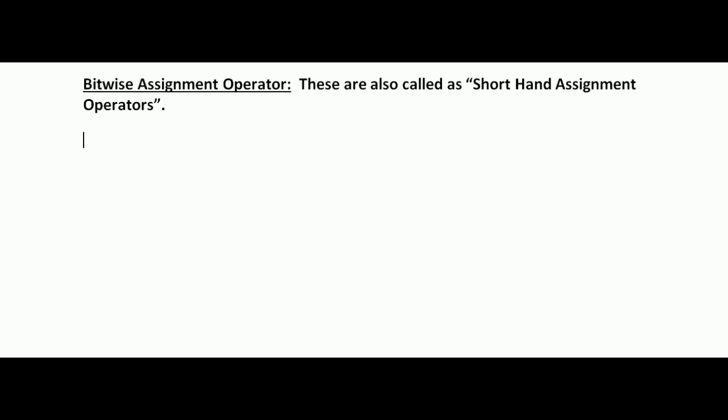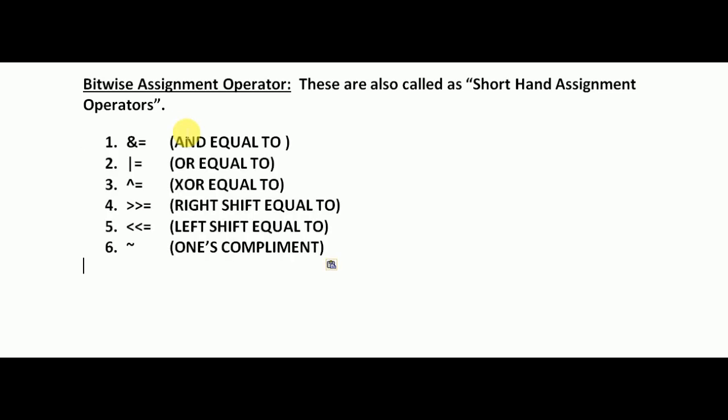There are certain categories of bitwise assignment operators: AND equal to bitwise assignment operator, OR equal to bitwise assignment operator, XOR equal to assignment operator, right shift equal to operator, left shift equal to assignment operator, and one's complement bitwise assignment operator.